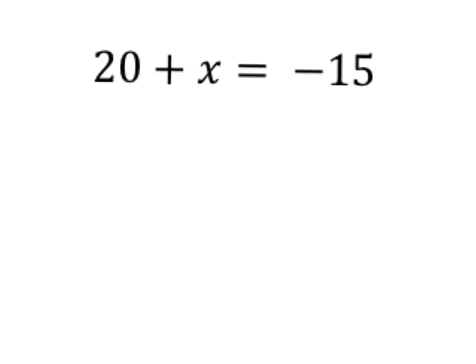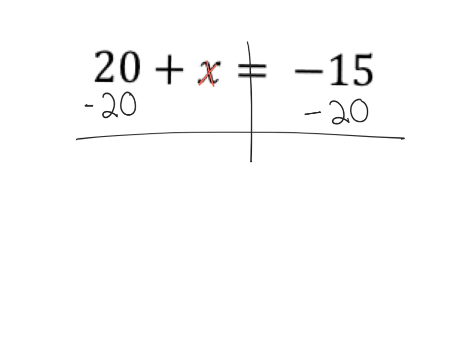Let's take a look at our first example below. So remember, we've got to make our balance line. This is our balance line to keep things balanced on both sides. We also need to remember we are trying to get x by itself. We want it to be alone. So we have a positive 20. To get rid of a positive 20, we're going to subtract 20 from this side. Then we're also going to subtract 20 from this side because we have to keep it balanced.